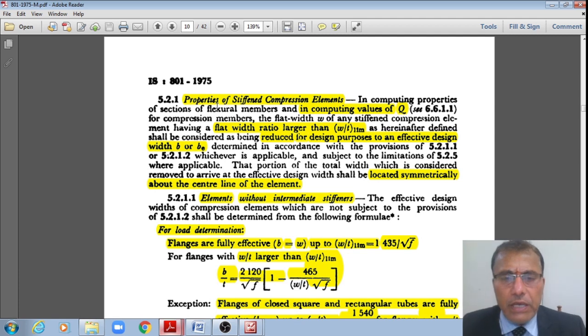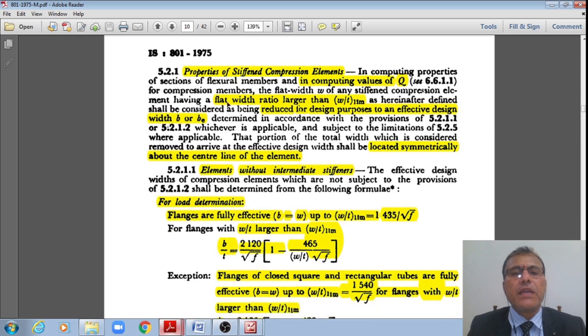Not only that, even properties of stiffened and unstiffened compression elements, etc. The first one is properties of the stiffened compression elements.